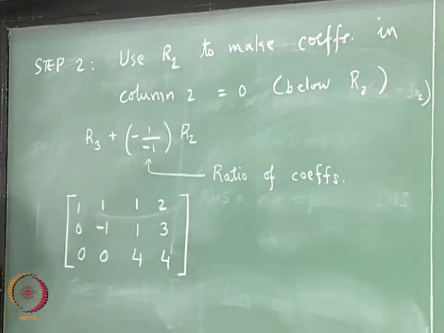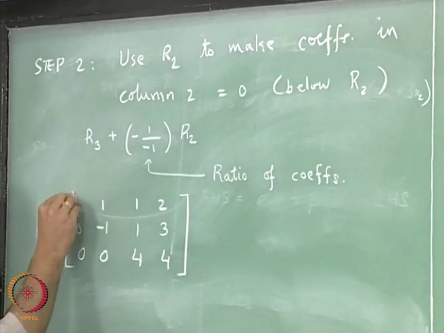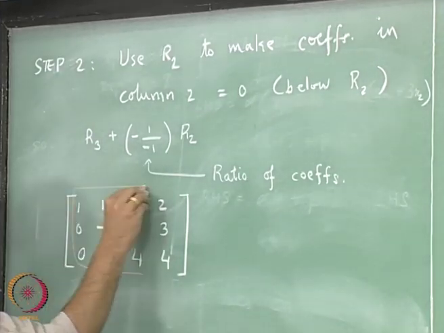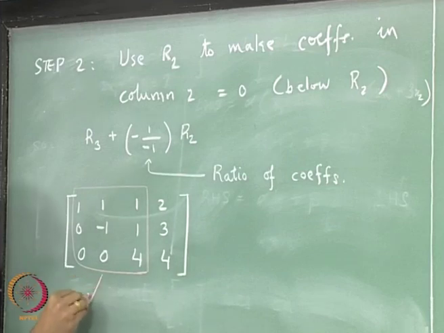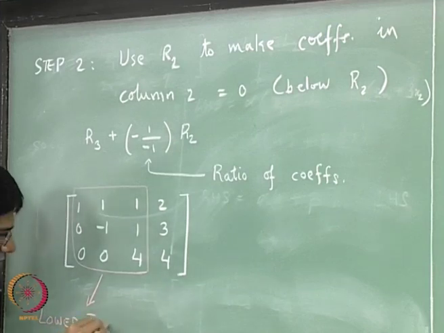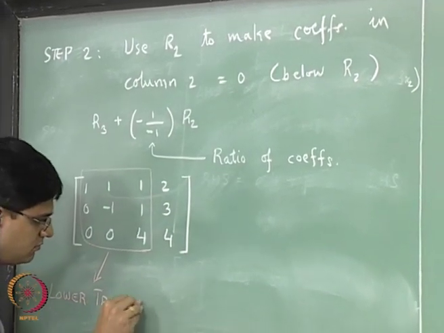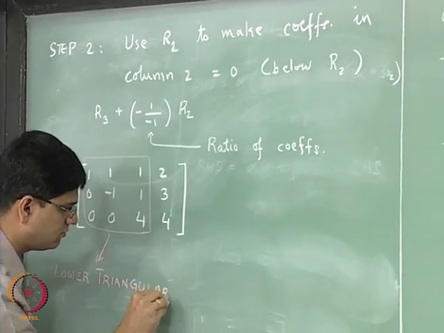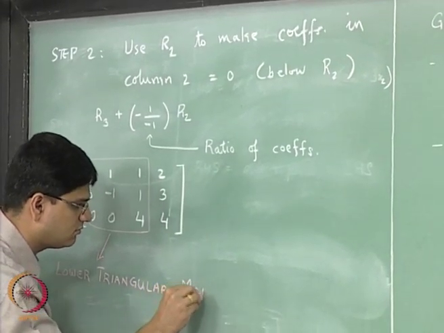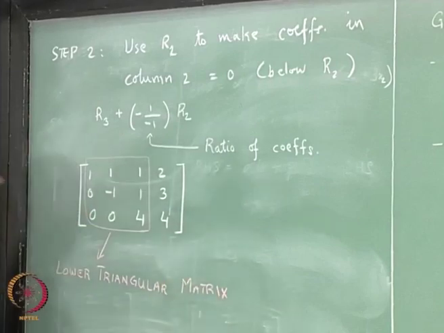So, in terms of this matrix A that we have over here, this is now reduced to a triangular matrix. Okay.